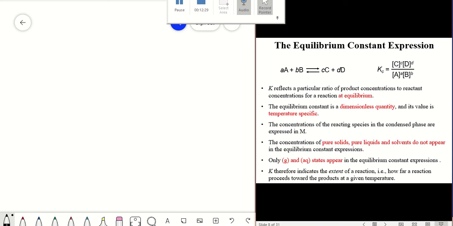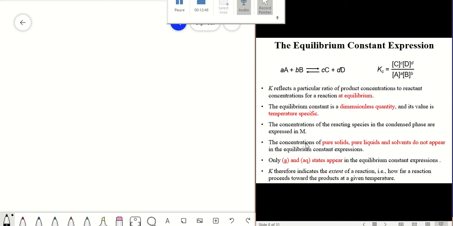Why? Because when you're talking about pure solids or pure liquids, their concentrations do not change. That is not expressed in terms of concentrations. So only gases and aqueous states are going to appear in this expression.